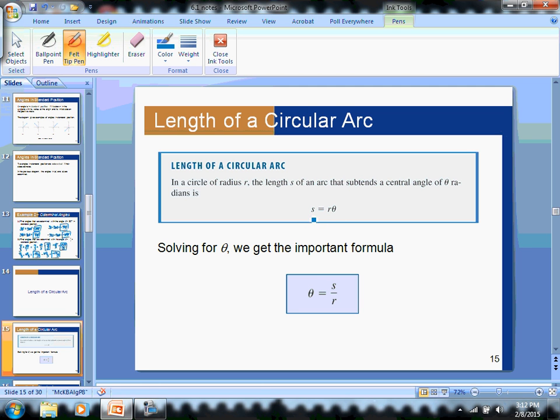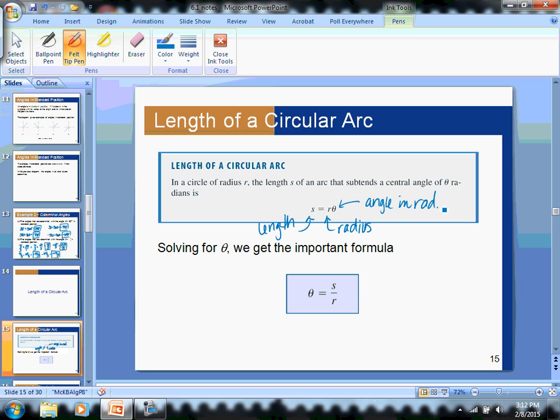So you have S equals R times theta. S is your length, that's your arc length. R is going to be your radius. And then theta is going to be your angle in radians.